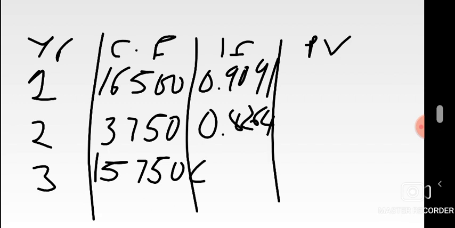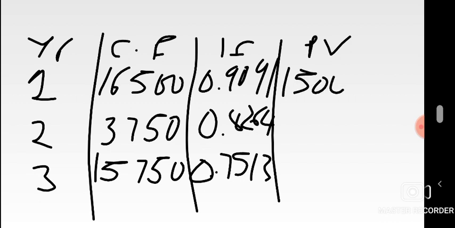It will give you 0.7513. Then you start converting each to the present. So for the first one, you will notice that it should give you 15,000.15. The next one, that's 3,750.